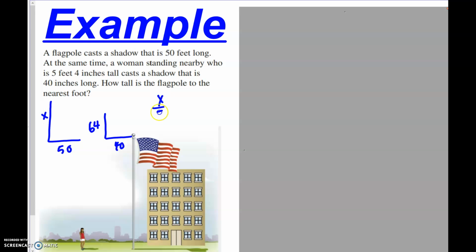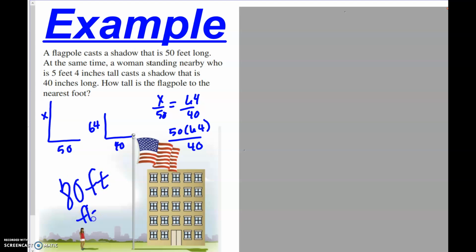So x over 50 is 64 over 40. So what I'm going to do is grab my calculator and take 50 times 64, and then I'm going to divide by 40. All right, 50 times 64 divided by 40, and I got 80. 80 feet for the flagpole.